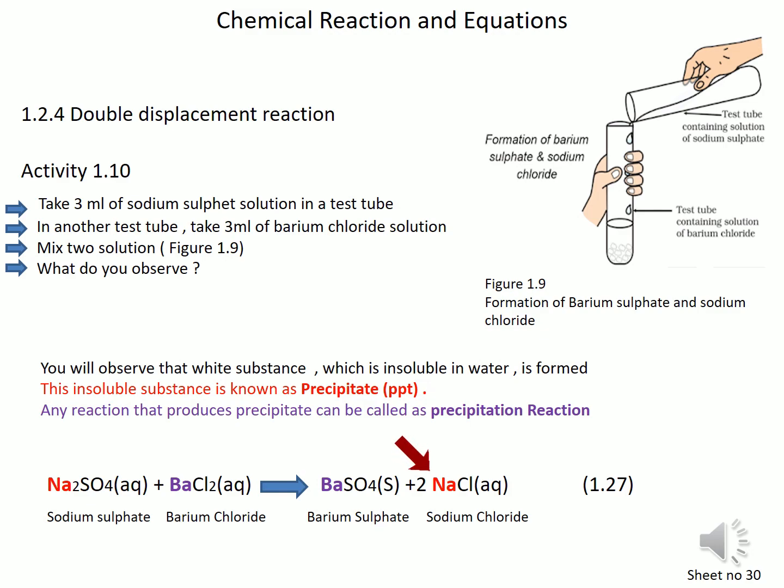After interaction it is associated with chloride to become sodium chloride. And see the purple barium at the left side. Earlier it was associated with Cl2 in BaCl2, and after interaction it is associated with SO4, that is sulfate, to form barium sulfate. So both barium and sodium have changed their identity.